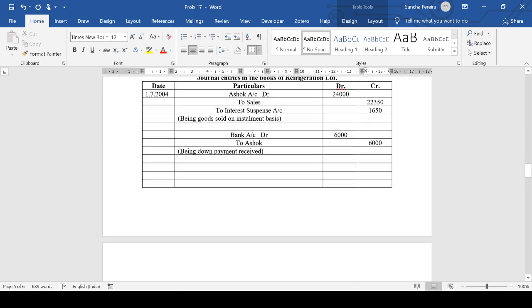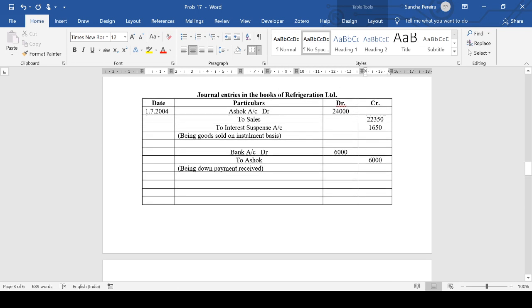Next we move on to our sequence, which starts with the interest. We are in the books of the seller, so the interest is an income to the seller. So interest will be credited, and since we are following the interest suspense account, the total interest in the interest suspense account will be debited each year.